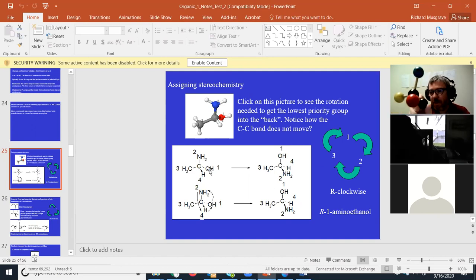All right, so I've got the hydrogen here at the back, and what I need to do, sorry, I've got the hydrogen here. I'll put it towards the front, and I need to put this hydrogen towards the back. The way I'm going to do that is I'm going to rotate it. And that puts the hydrogen at the back. So that's what I'm doing in the diagram.